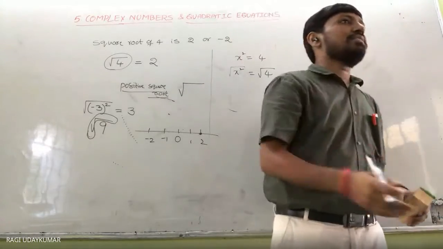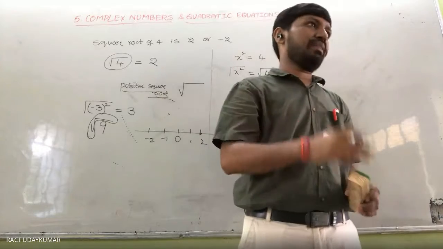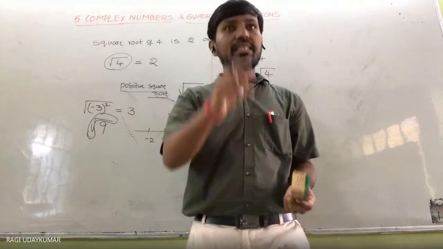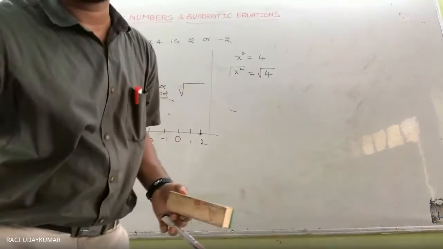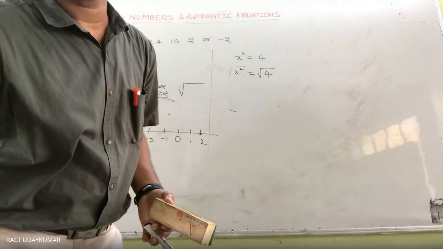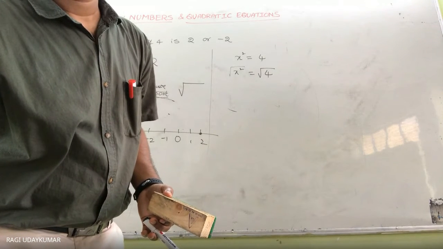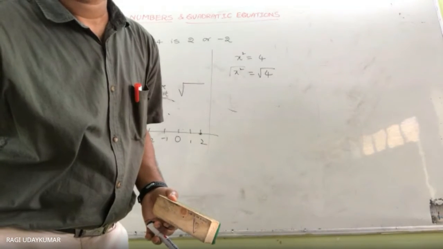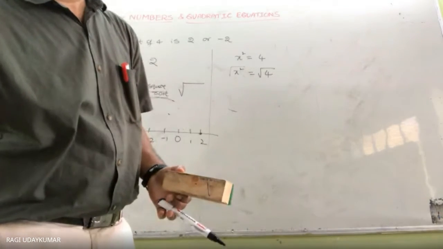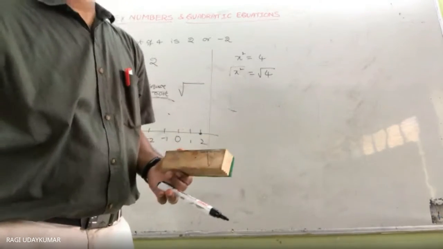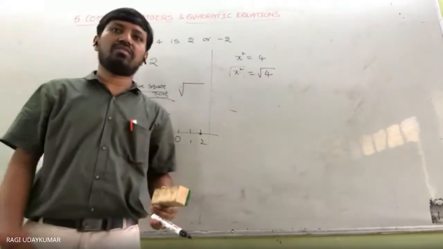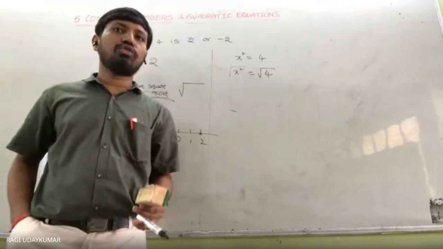You check your 9th class NCERT textbook, first chapter, numbers. And now in the complex numbers chapter, see in your textbook, on the 4th page, page number 100.